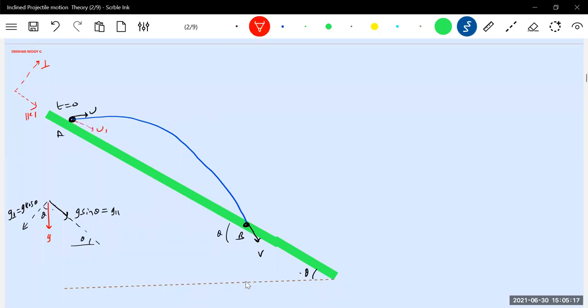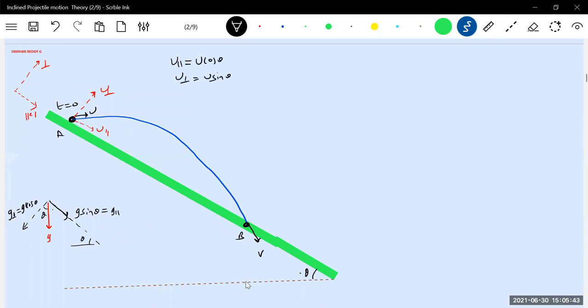U parallel and U perpendicular. So what can U parallel be? U parallel is U cos theta. Here theta will come. U perpendicular will be U sin theta.